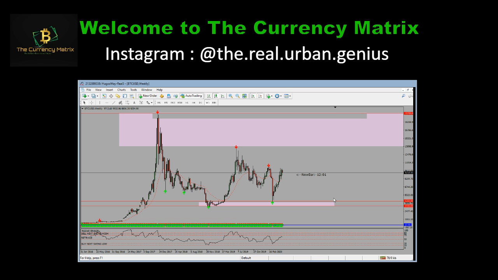We're going to do the same thing to the top of that range here, 13,727. We're going to round that to 13,700. Now we're also going to hit those ranges or those body zones, wick to the body.